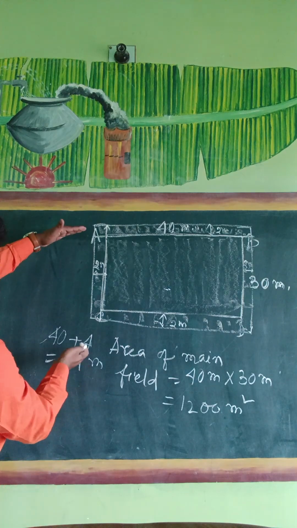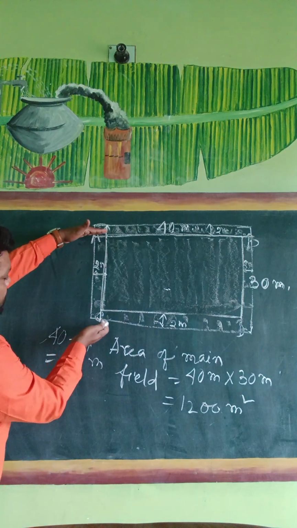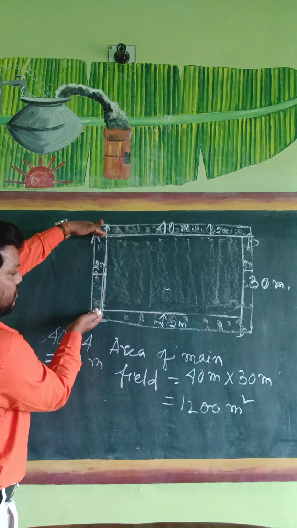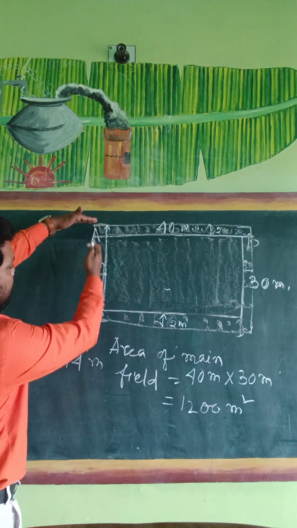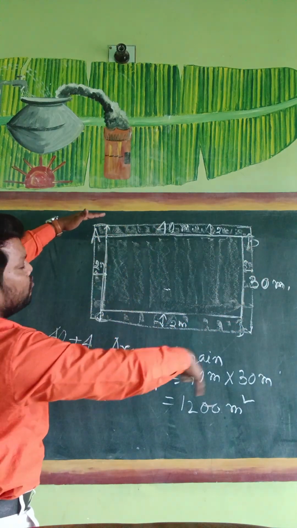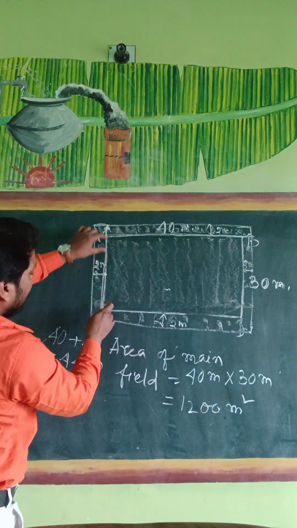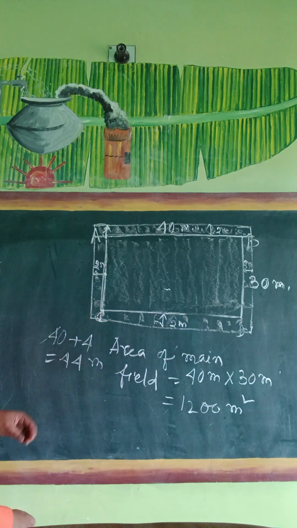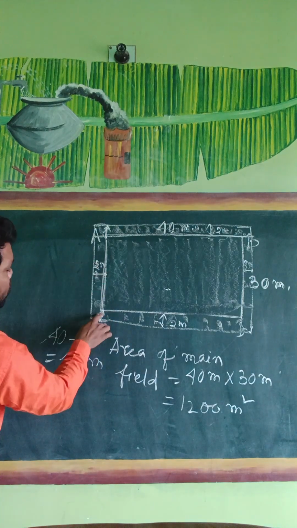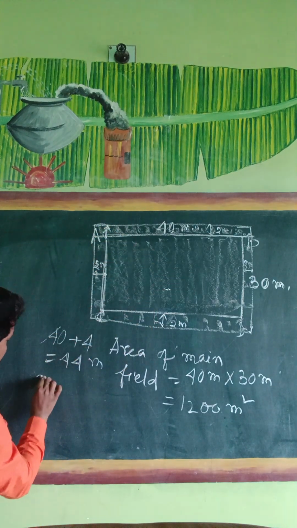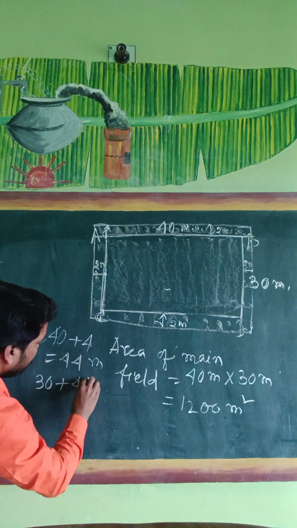Similarly, for the increase of breadth, the breadth was 30 meter, but when the path is around the field, the breadth also increases by 2 and 2, that means 30 plus 4 meter.